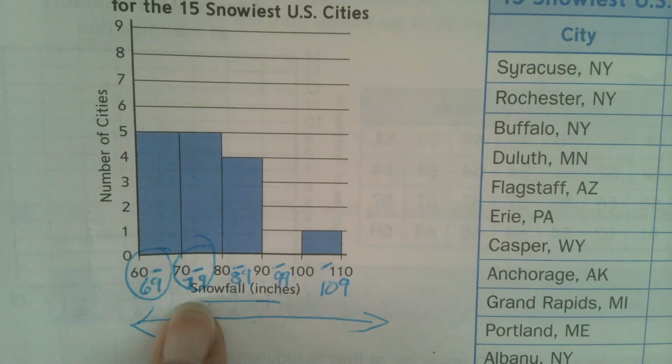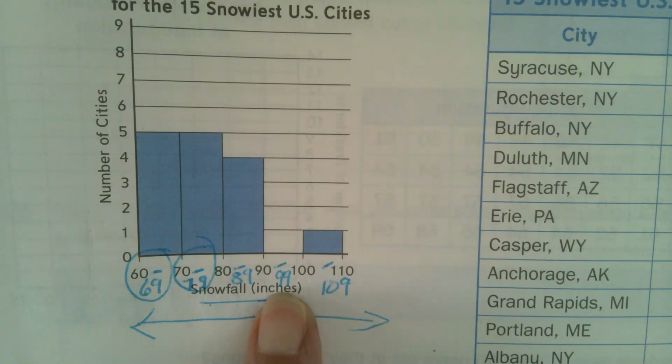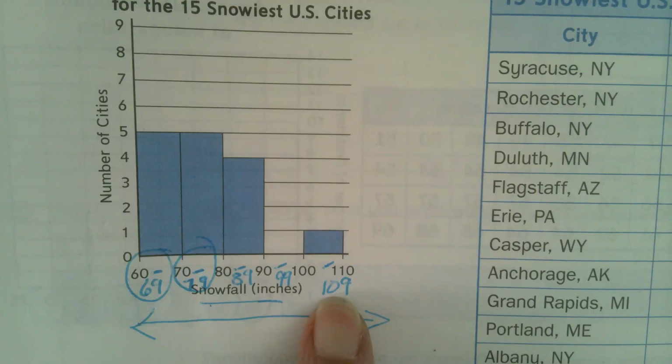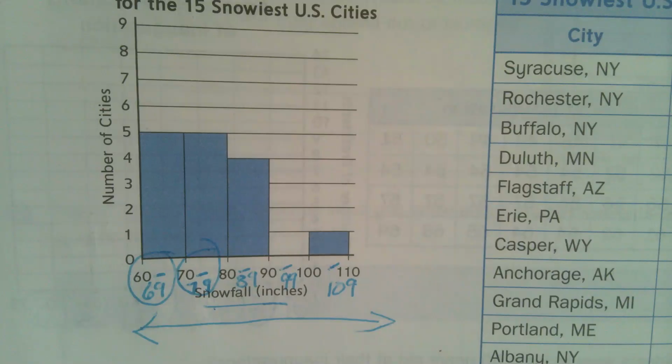The next one, put dash 79, 80 dash 89. I know everyone's pencil should be moving because this isn't in your book. 90 dash 99, and then it goes from 100 to 109. Okay, that one's 109. Okay?